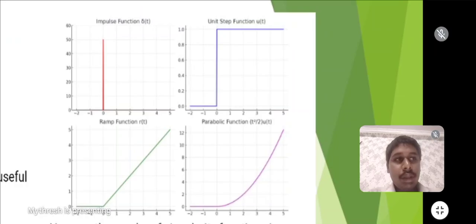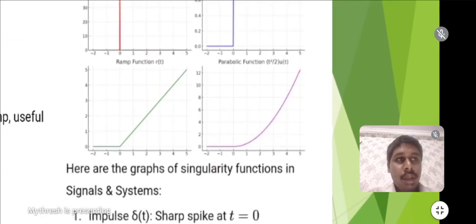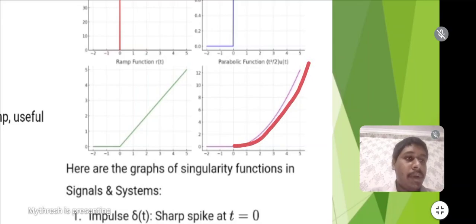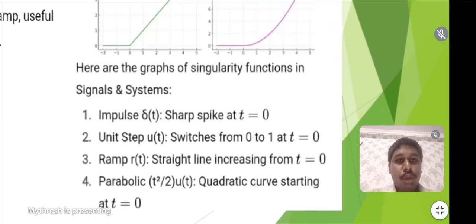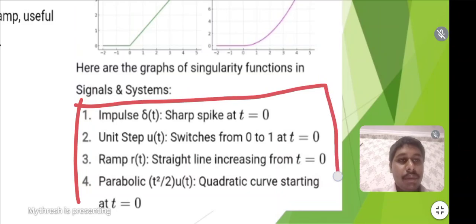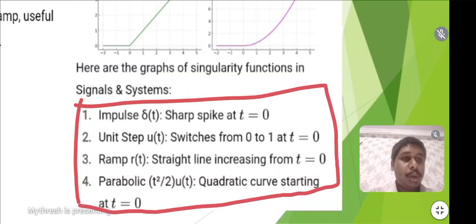Here we can see the ramp function also. The ramp function increases linearly after 0, whereas the parabolic function increases quadratically. Here we can see the parabolic curve shape. So here are brief drafts from the above graphs with respect to the systems.